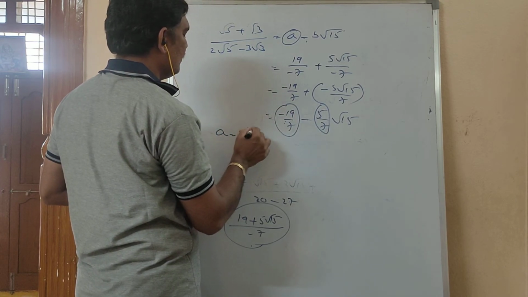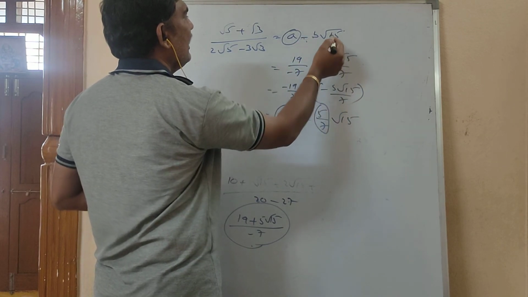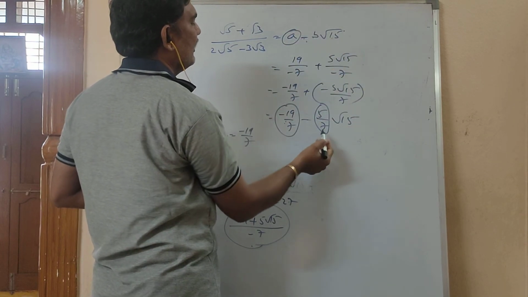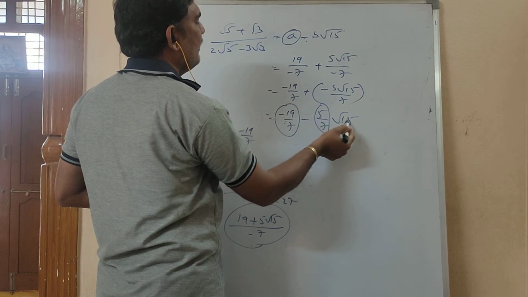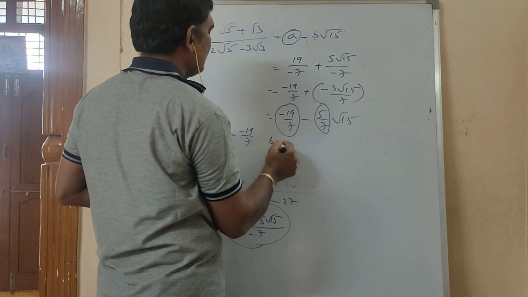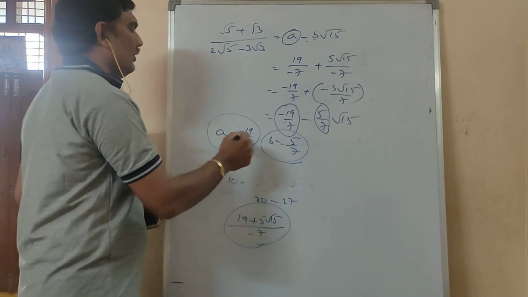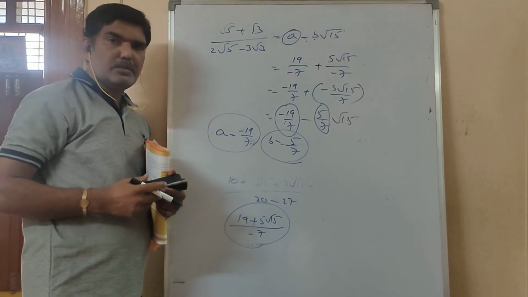So A is equal to minus 19 by 7. After minus and before root 15, whatever number is there, that is B. Means B is equal to how much? 5 by 7. So you got the values of A and B.